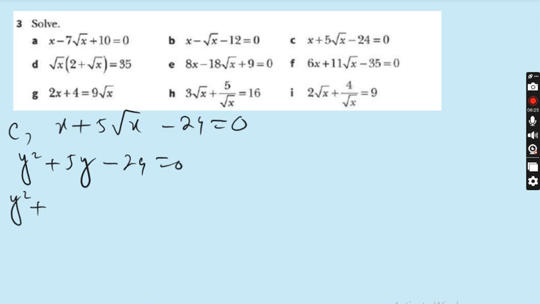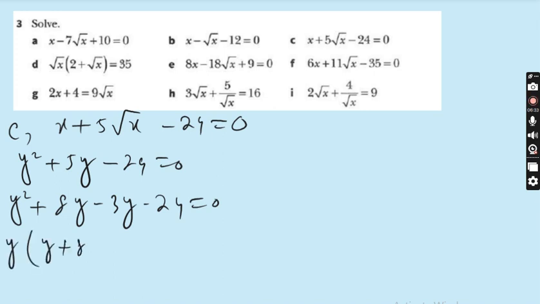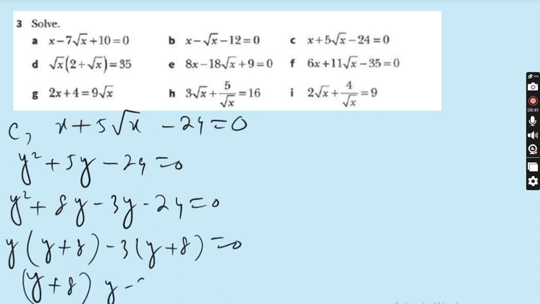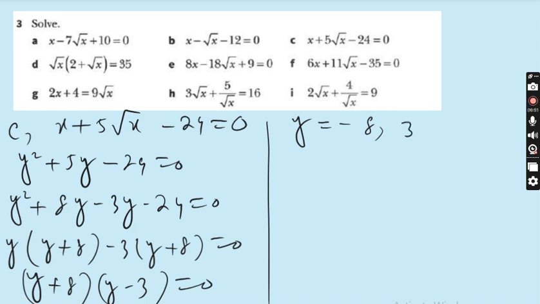Method of factorization: y square plus 8y minus 3y minus 24 is equal to 0. Y plus 8 and y minus 3 is equal to 0. This implies that y is equal to negative 8 and y is equal to positive 3.